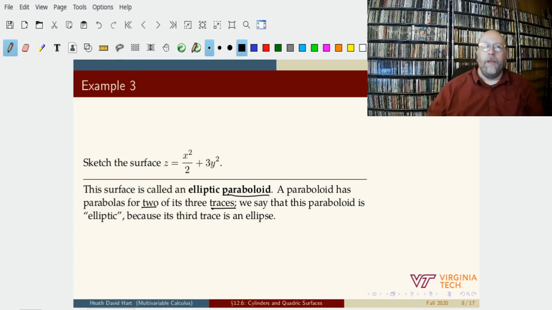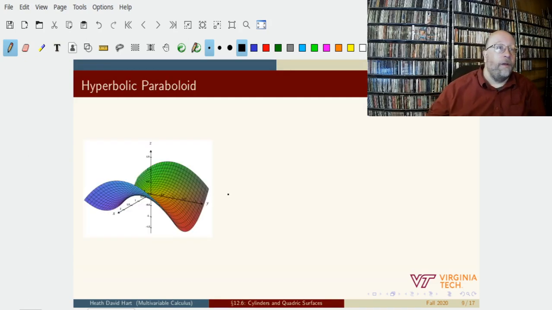Okay? There's another kind of paraboloid, we'll see that in a moment, called the hyperbolic paraboloid, where 2 of the traces are parabolas. One is a parabola that opens upwards in one direction, and one is a parabola that opens downwards in one direction. And then the other traces are hyperbolas.